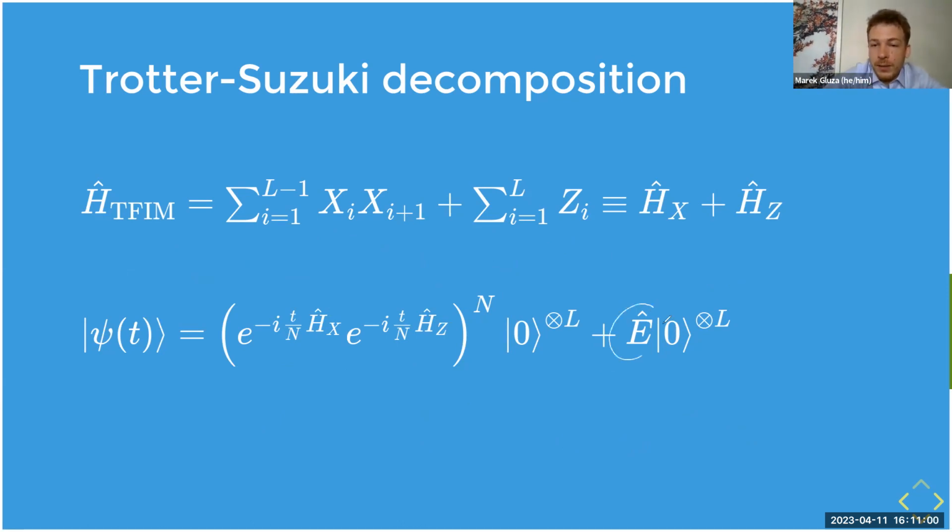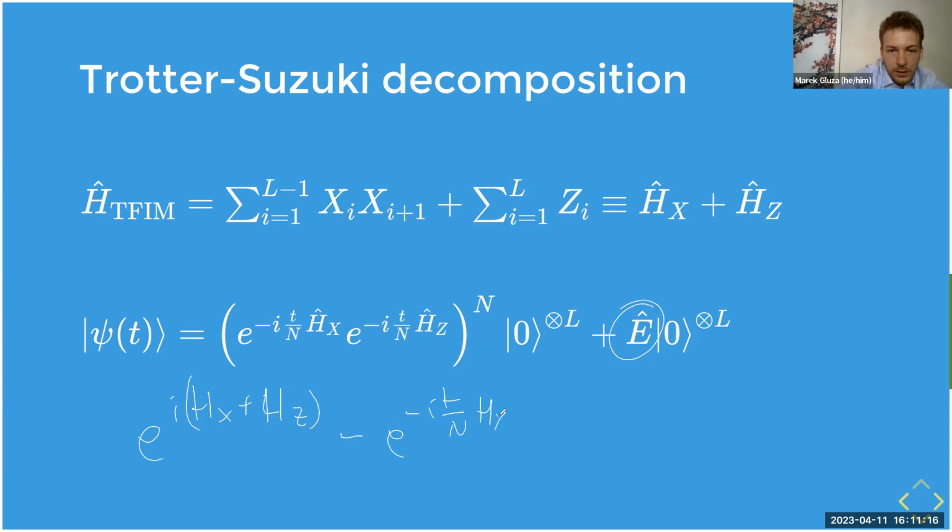But basically, this error operator is e^{iHx/n}... e^{iHz/n} minus e^{i(Hx+Hz)t/n}.